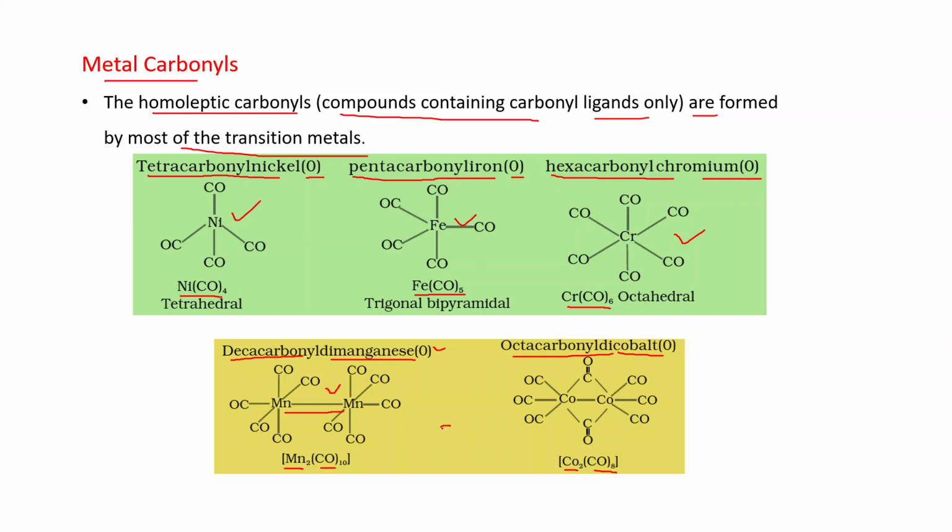When you write the formula, be careful about small letters and capital letters. Here C is capital and O is small, this is the cobalt. But when you write both capital, this is the carbonyl ligand. And in this complex, there is a bond between cobalt atoms and two CO groups act as bridging groups.